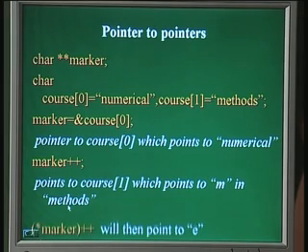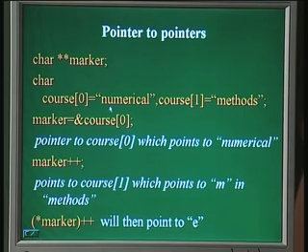Then you could ask the question, how do I read out each of these characters in the string? And this is the way you can do it. You can say star marker plus plus. We have this in the bracket here, and that's important. We declare it as a pointer to a pointer with a double asterisk. You use one asterisk, put it in a bracket, and then say plus plus.